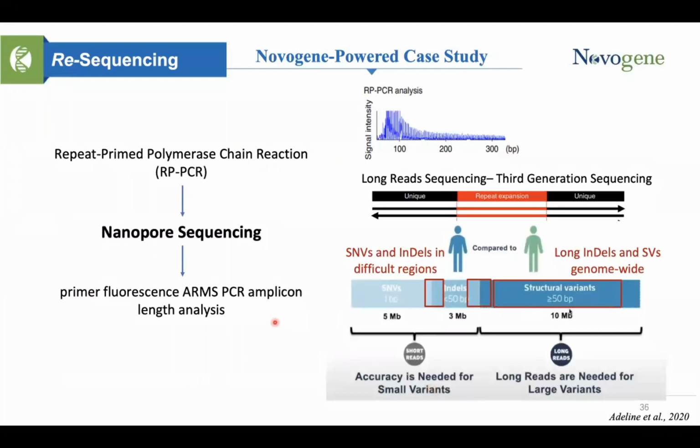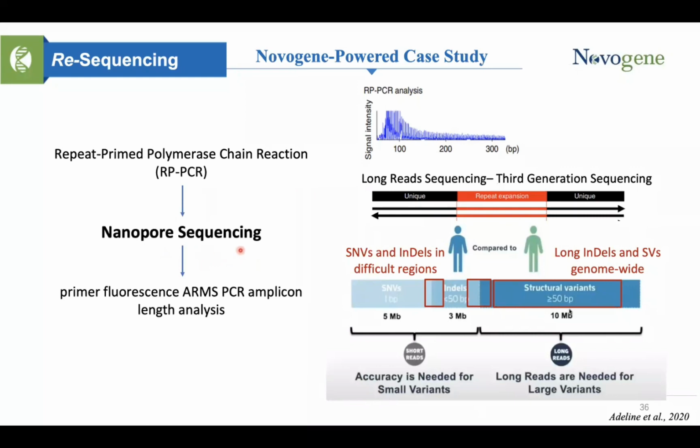All the ET cases were screened for NOTCH2NLC GGC repeats using repeat-primed PCR, after which cases with intermediate and positive expansions were sent for confirmation using long-read sequencing.